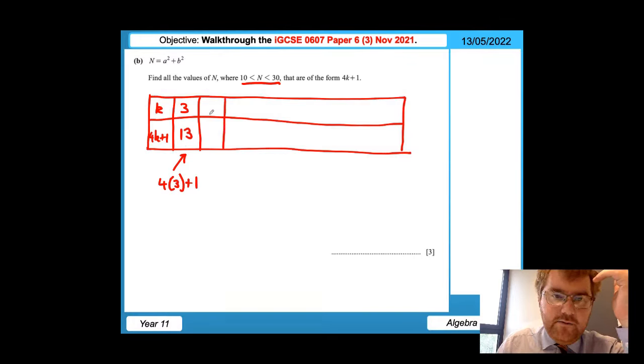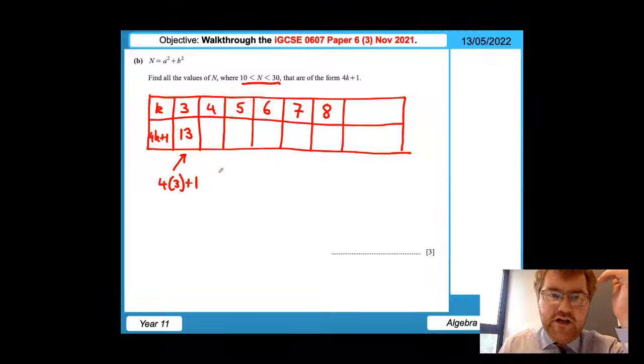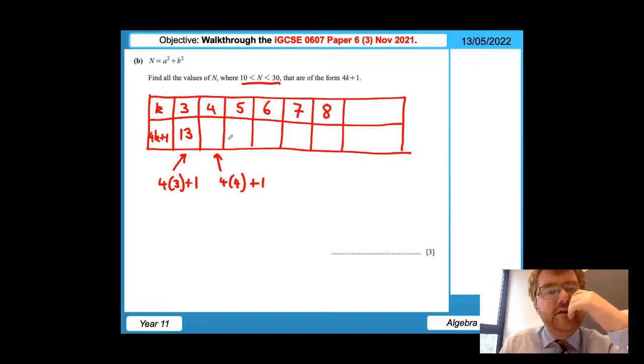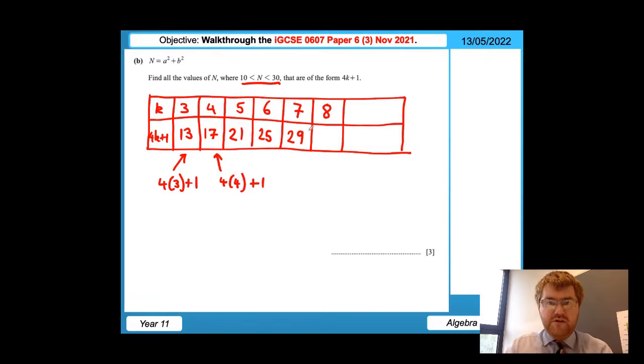And so let's pop in 4, 5, 6. How far do we need to go? Let's go up to 8. And notice this goes up in 4s, but you could check here. It's going to be 4 lots of 4 plus 1, so that's equal to 17. And we just keep adding on 4, so 21, 25, 29. And we stop actually, so we don't actually need this one.